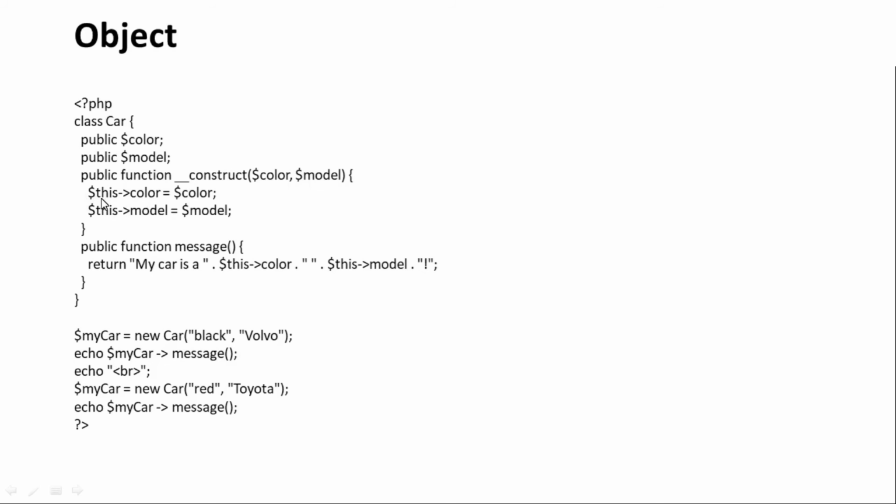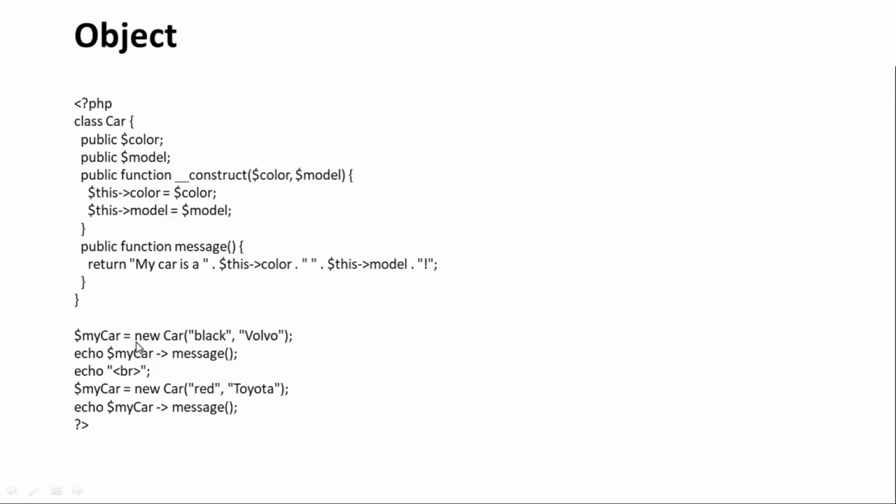Now I closed the class and started a function message. Inside function message a return is used: my car is this color and this model.